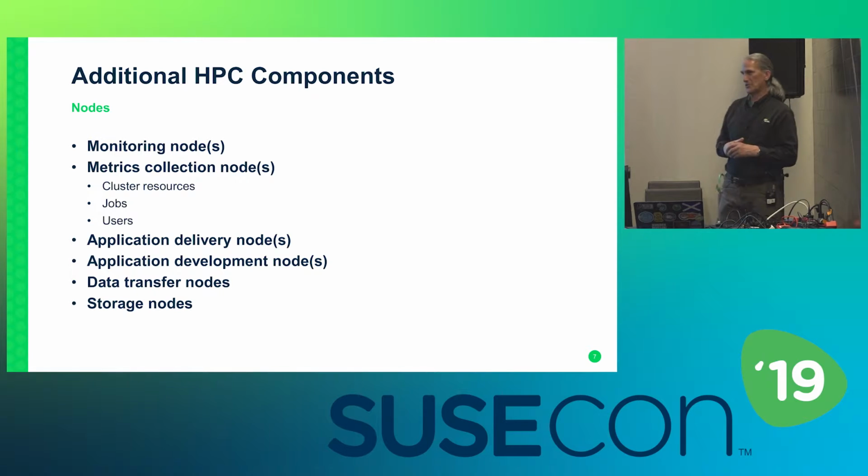Application delivery nodes. A lot of times, applications are put on slower commodity hardware. And we've all worked with storage enough to know that if the CPU is fast and the memory is fast, that's great, but if the storage is slow, then you will not get the performance that you expect.